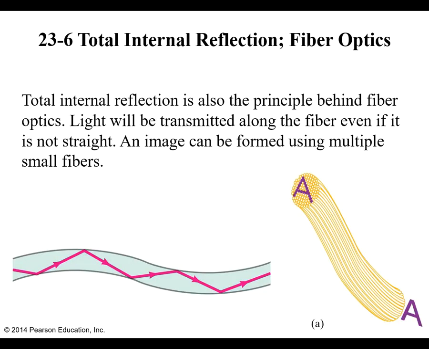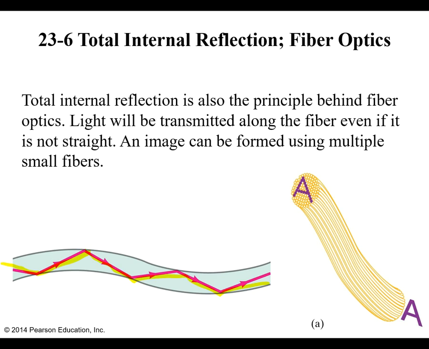Where else can we see this? Something called fiber optics. The idea is you have a cable, and you have light that comes in at a very high incident angle, high enough that it's past the critical angle, and so you get total internal reflection. It bounces back, hits the other side of the fiber at very nearly the same angle, and so it just bounces back and forth and back and forth.